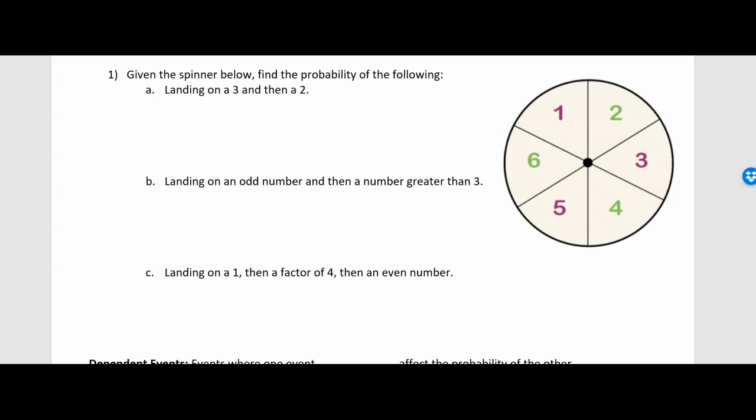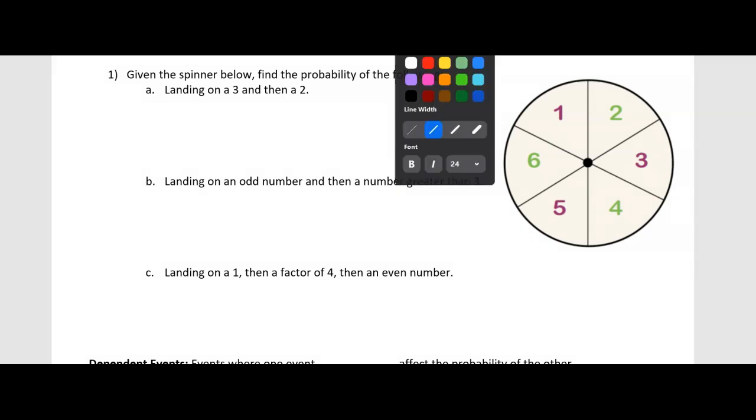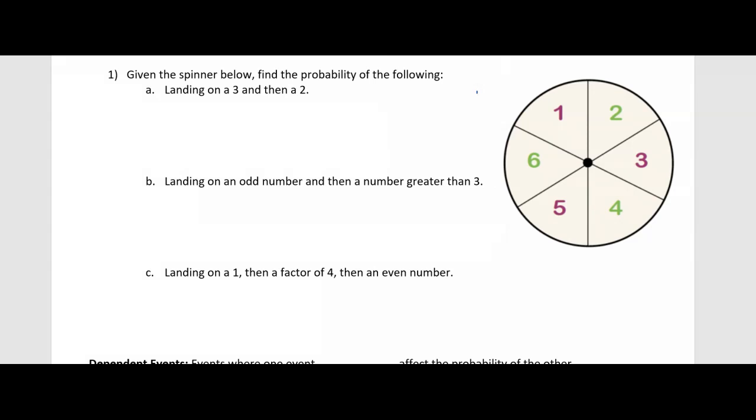Okay, so the first probability we need to find is landing on a 3 and then a 2. Well, this is a pretty basic spinner. There's 6 spots on the spinner. They're all the same area, so they're all just as likely to occur as any of the other ones. So let me just write this out.